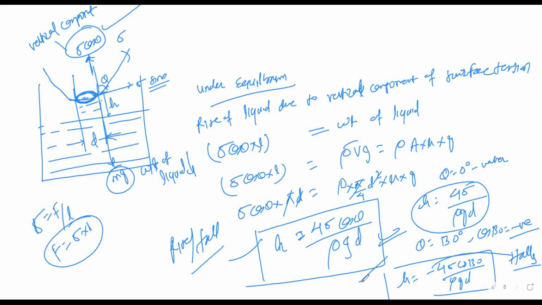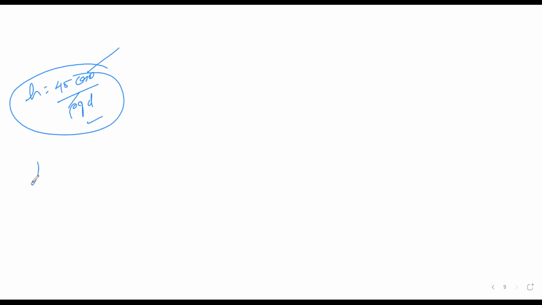So this formula is important here. The h value is 4 sigma cos theta by rho g d. If you look here, cos theta will be constant, rho will also be constant, and g is always constant. So the h value is always inversely proportional to the diameter of the tube.